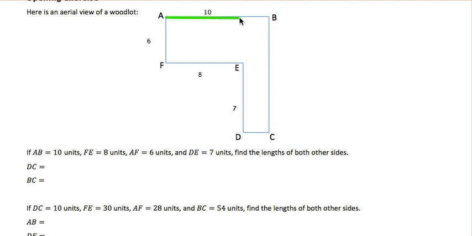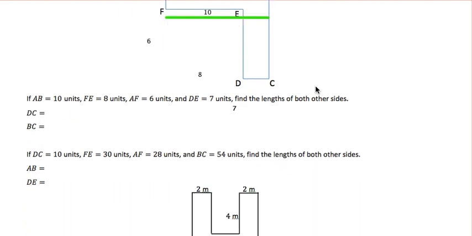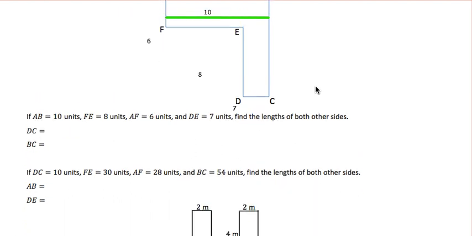If I take line segment AB, the green line segment, and remember, AB is 10 units long. If I then drag it down to FE, let me make a little mark here, and I mark off right there, which is 8 units.